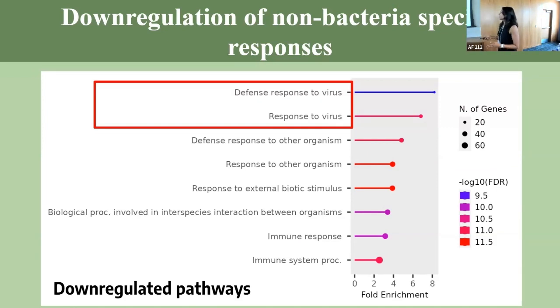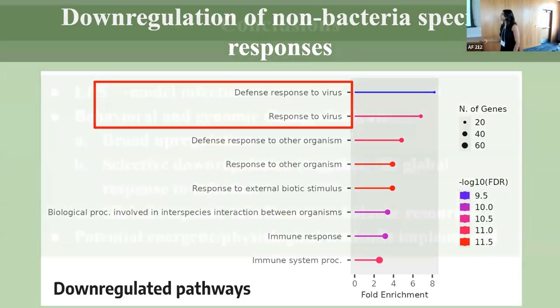And so that was what kind of indicated to us that there was some sort of trade-off between non-pathogen specific and non-specific responses in order to really just maximize the effect.